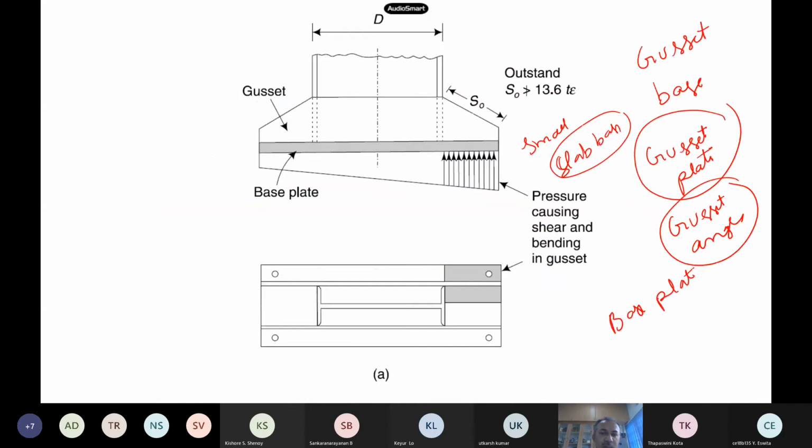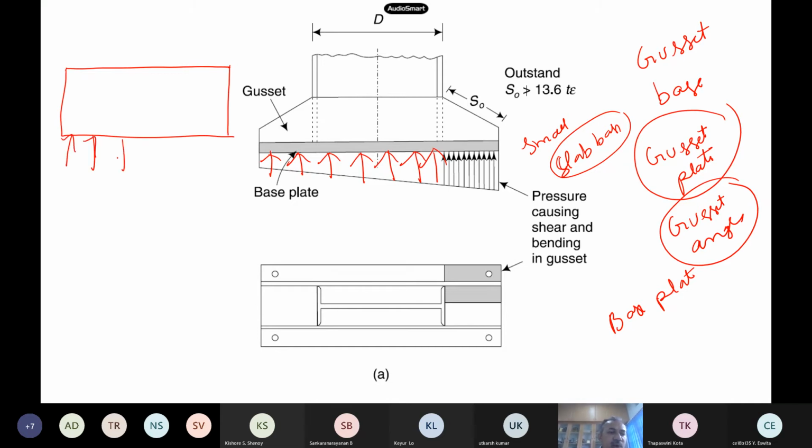See the gusset plate. What type of load is acting on the gusset plate? You have a UDL. So this gusset plate is like a beam, a tapered beam or whatever, subjected to UDL. Now which fiber will be in compression and which in tension, the top fiber or the bottom fiber? You have a beam, the load is coming from below, UDL is acting here.